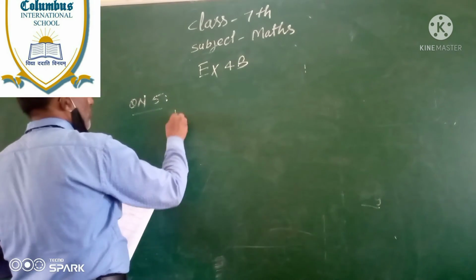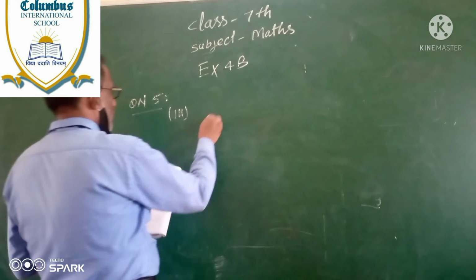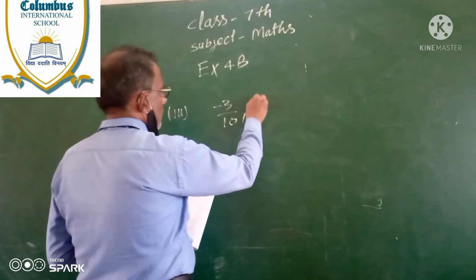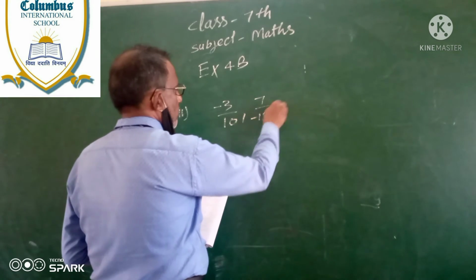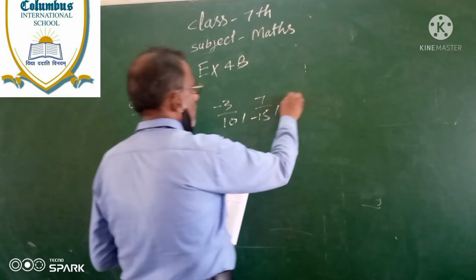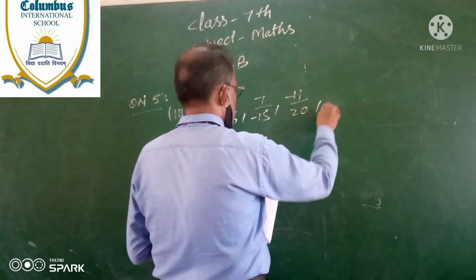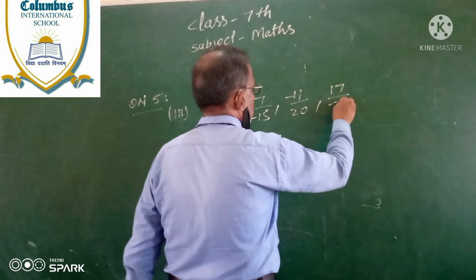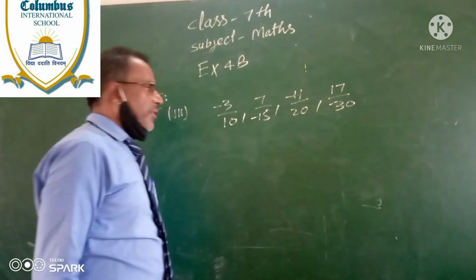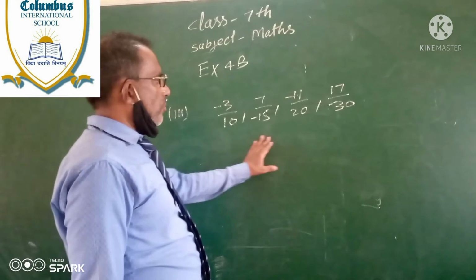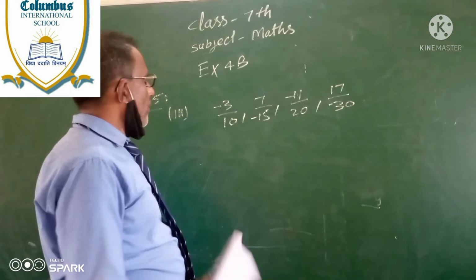Now see the third question. Minus 3 by 10, 7 by minus 15, minus 11 upon 20 and 17 upon minus 30. You see that in some denominators minus exists.